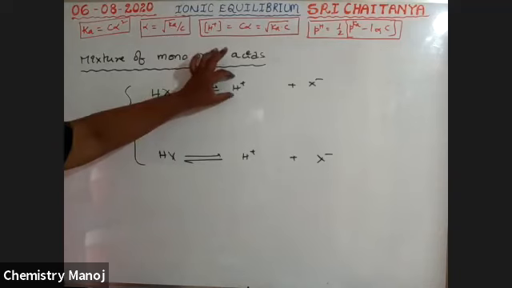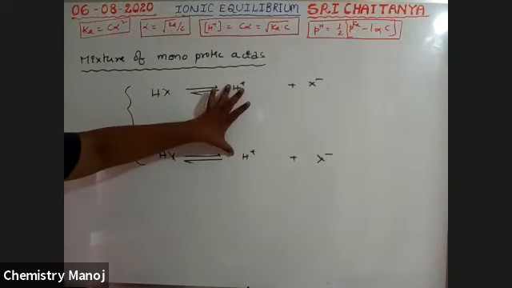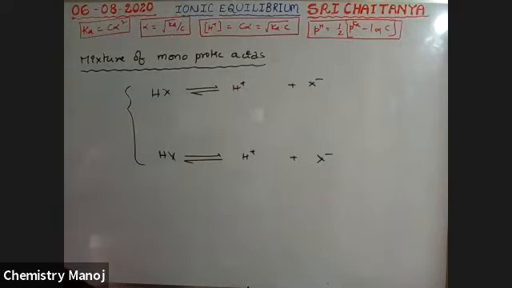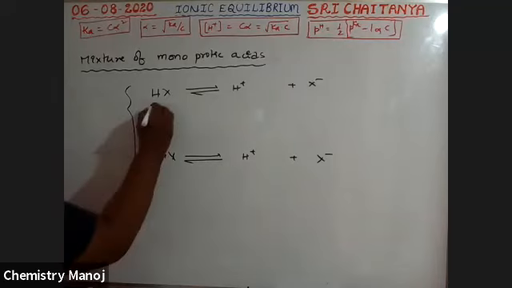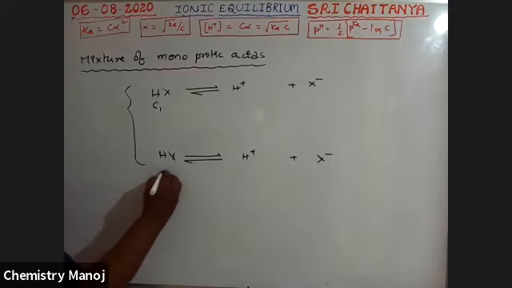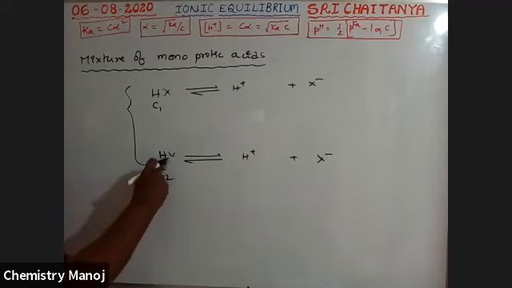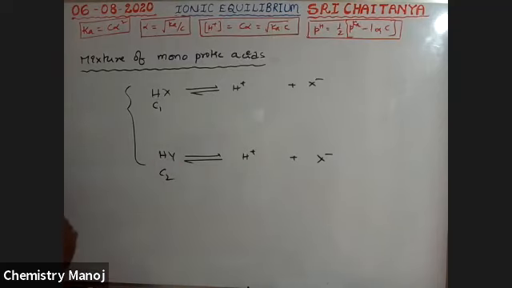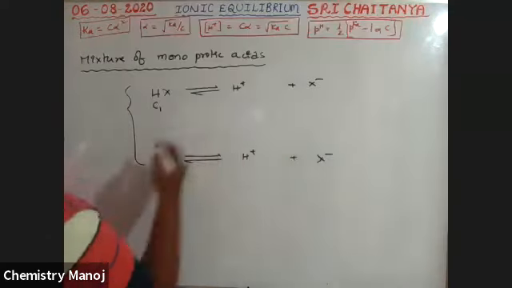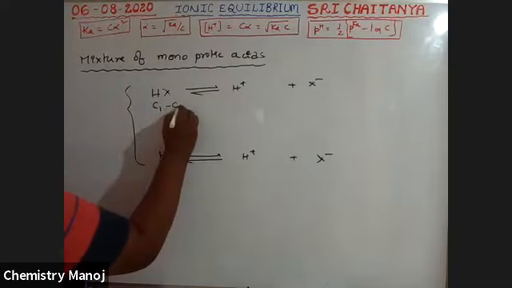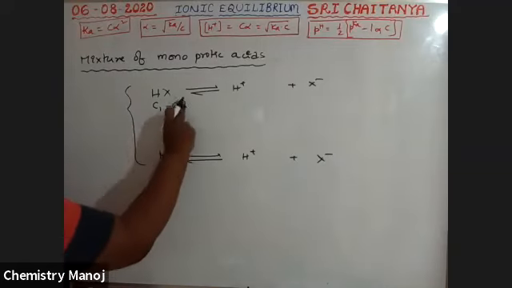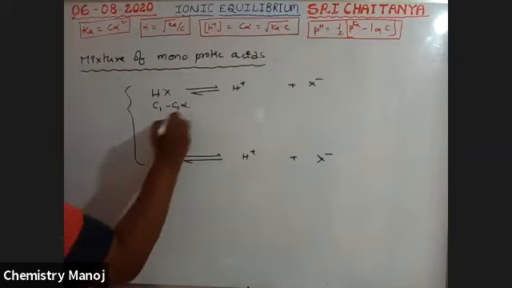So that means here H plus concentration, here H plus concentration, the combined H plus concentration we should use. So for example, if C1 is the initial concentration of HX and C2 is the initial concentration of HY. Now at equilibrium C1 alpha 1 is dissociated.